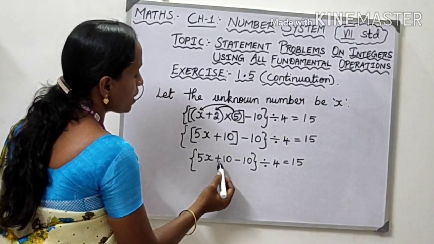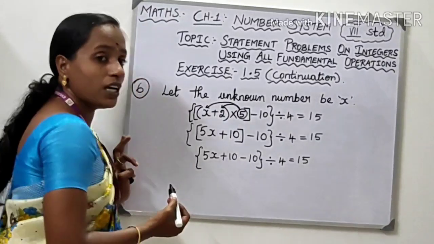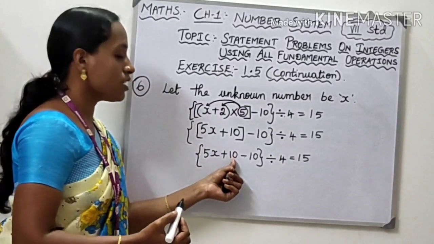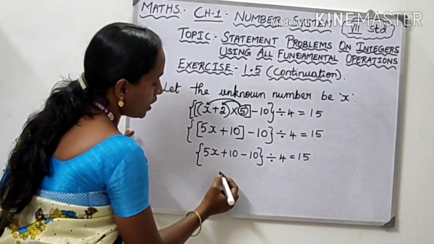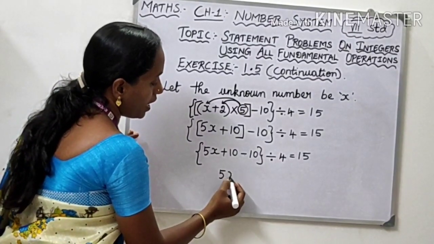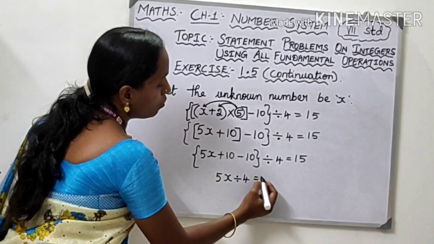Now 5x plus 10 minus 10. So plus minus, we have to do the subtraction. So plus 10 and minus 10, you will get the value 0. So the next step we can write 5x divided by 4 is equal to 15.